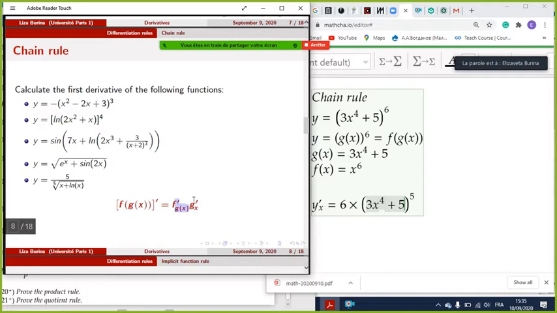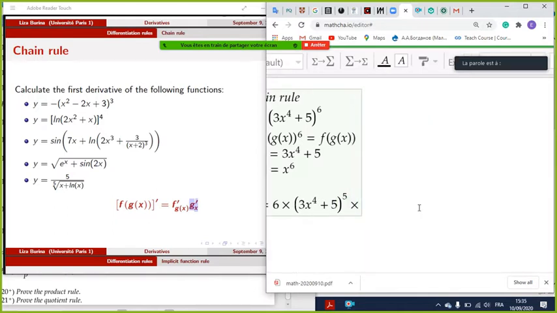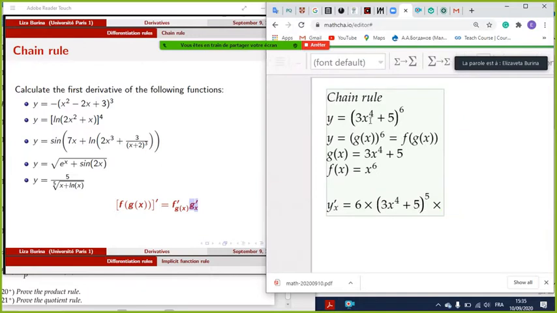Now the second part is the times the derivative of the inner function. And the inner function is 3x^4 + 5, so the derivative will just be 12x^3. Perfect. Great. Okay, that's it. So with this simple example, it works this way. Let's take another simple example where y is equal to, which one?